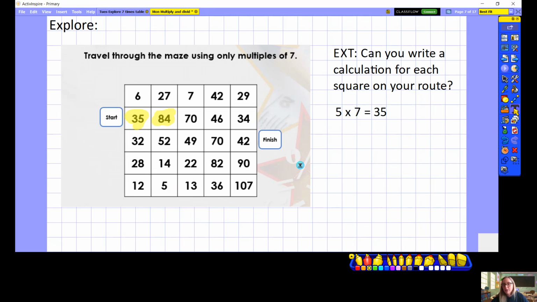So that means I have done 12 times 7 equals 84. So that's my next square on my maze.